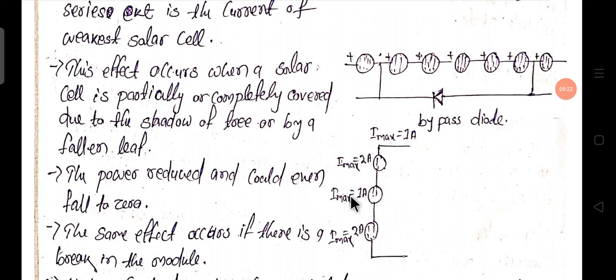This effect also occurs when the cell is covered by the shadow of a tree or a fallen leaf. The power is reduced and could even fall to zero. The power inside the solar cell could be zero if it is fully covered with fallen leaf.